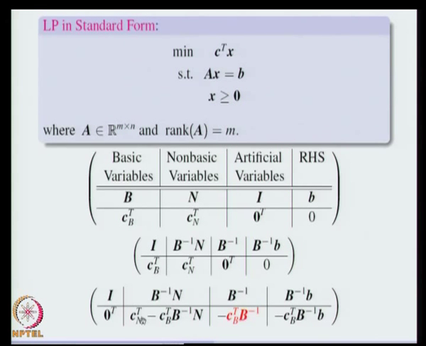Here you will see that C_N transpose minus C_B transpose B inverse N corresponds to lambda_N transpose. B inverse b is the current basic feasible solution. C_B transpose B inverse b is the current objective function value that we have seen earlier. Now, we have the B inverse matrix directly available here.